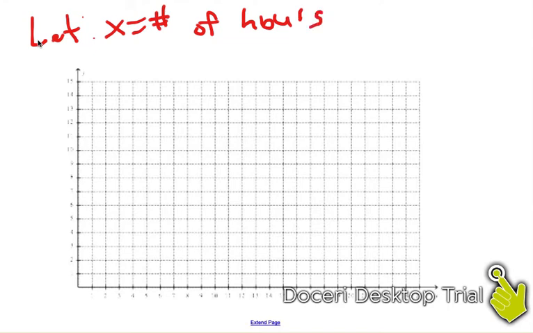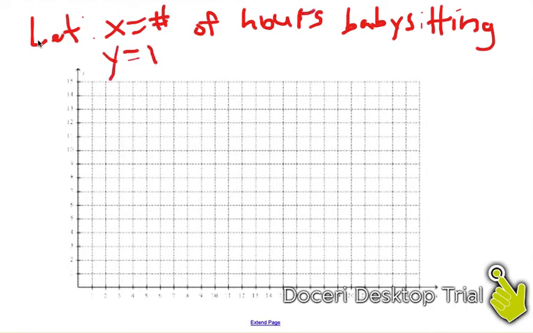So let's let x equal the number of hours babysitting, excuse my handwriting, I'm using my iPad. And let's let y equal the number of hours tutoring.